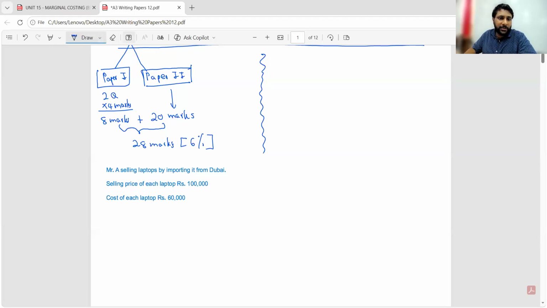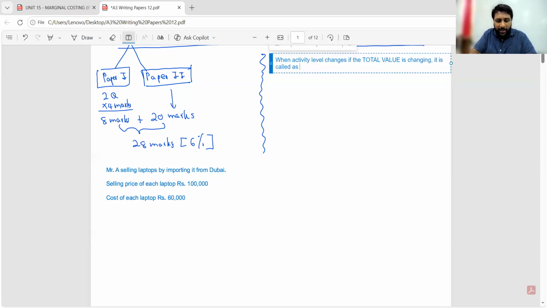When the activity level changes, if the total cost or total value is changing, it is called variable.